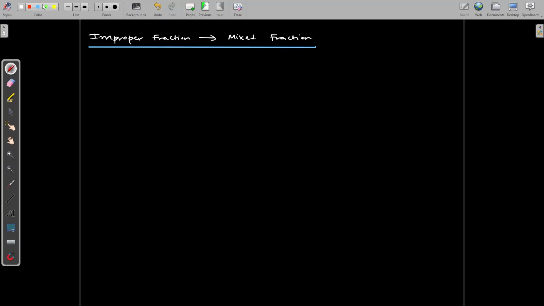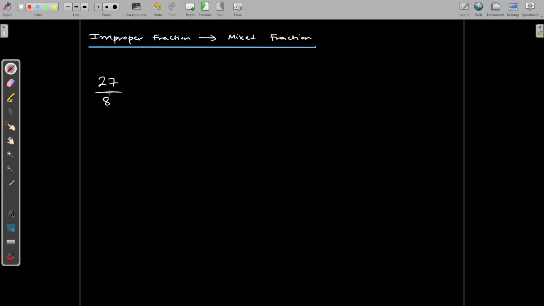Alright, so let's say we had 27/8 as our starting point, and we needed to get a mixed fraction from this. So what's happening is that we need to find how many sets of 8 we can get from 27.